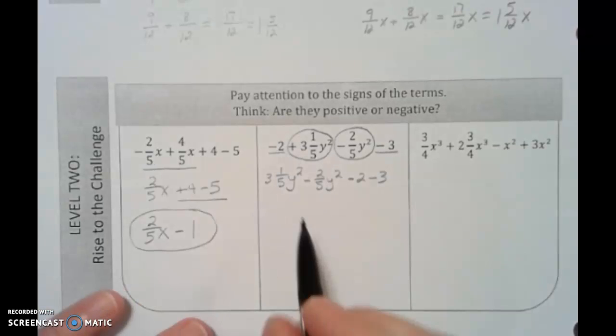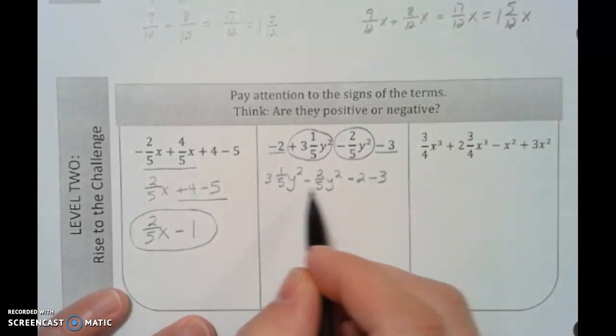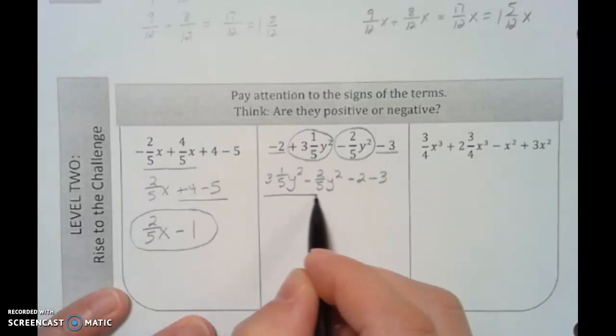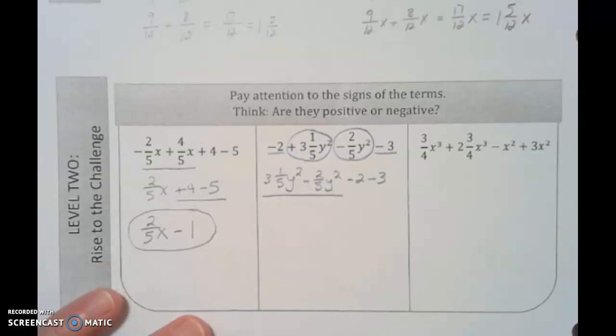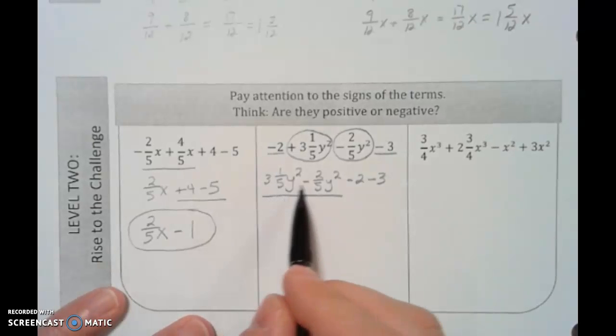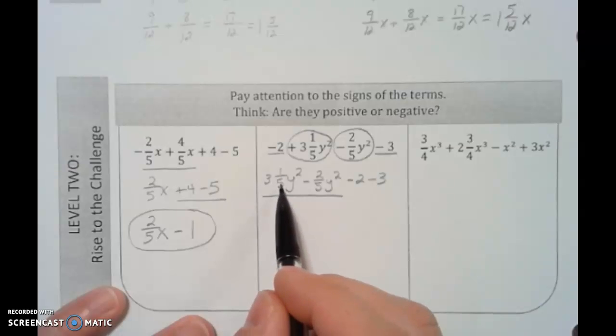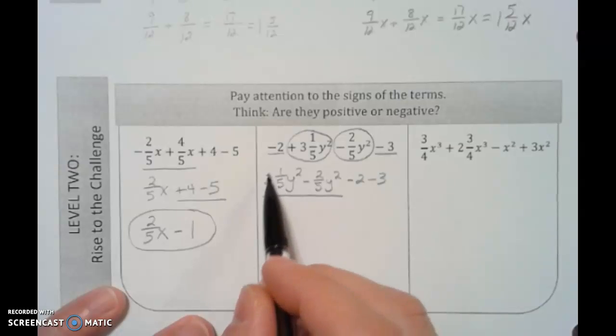So I'm going to start with my variable terms. Again, these are the same variable raised to the same exponent, so I can combine these. And the first thing I notice is that I've got a mixed number with a fraction. So I'm actually going to change this mixed number into a fraction first. 5 times 3 is 15, plus 1 is 16.